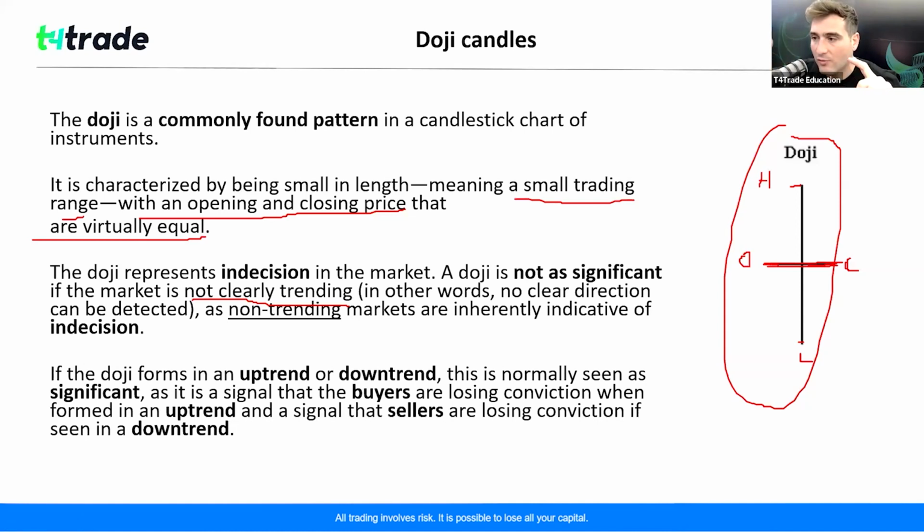Price action is moving in a sideways fashion within two bounds. There's no direction. Doji candles are critical when you have uptrends or downtrends, when they can be found at the end, at the bottoming phases, or at the end of an uptrend, at the topping phases.